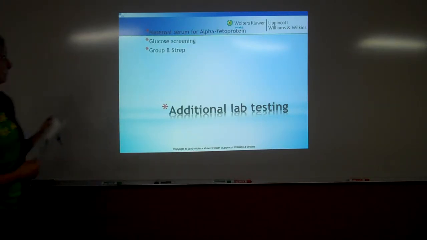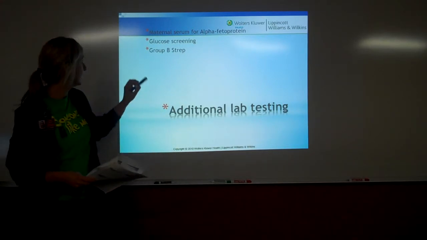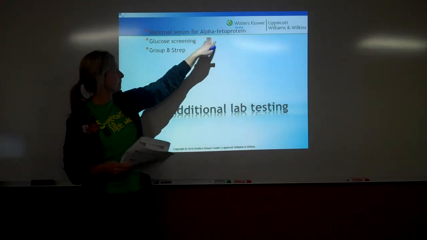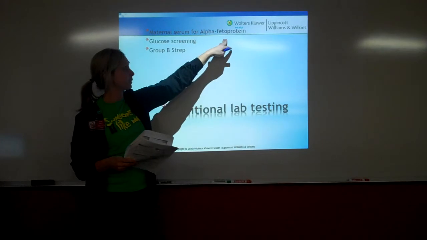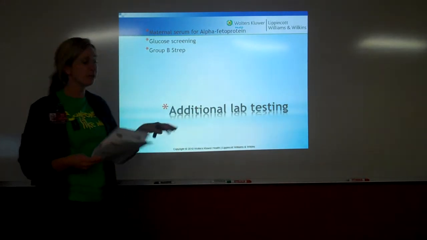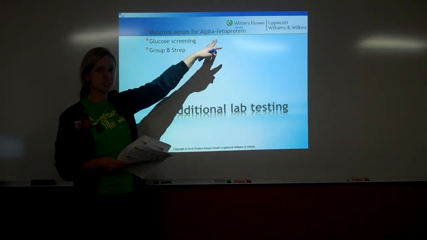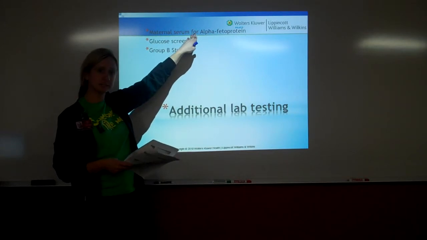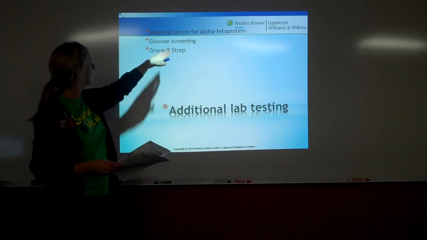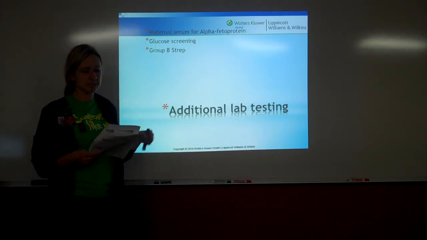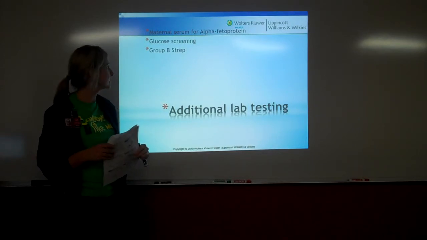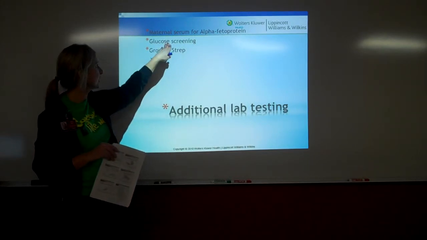Other lab testing to be done during the pregnancy: maternal serum alpha fetoprotein is offered around 15 weeks gestation, and this is for genetic testing. Glucose screening is done at around 28 weeks gestation.